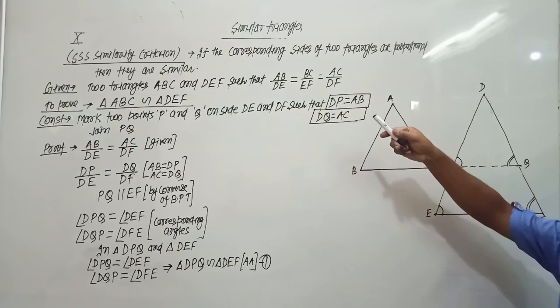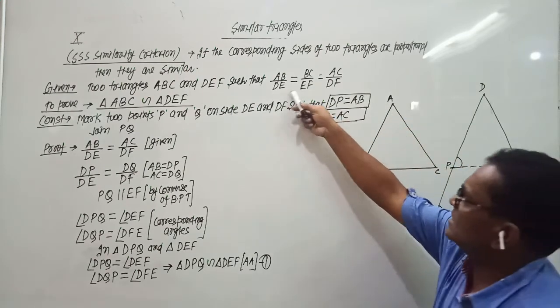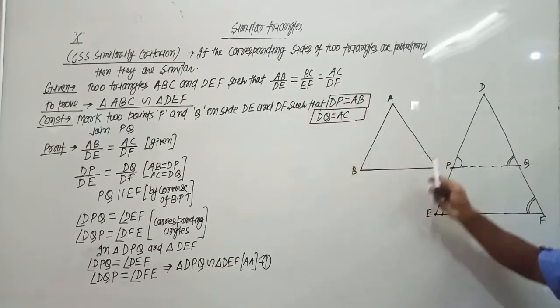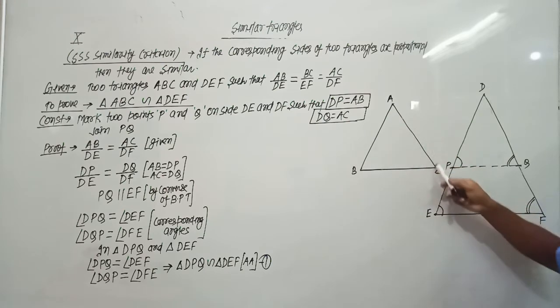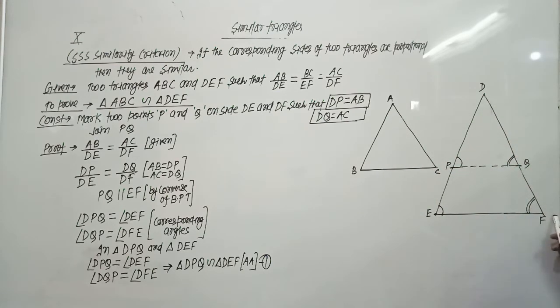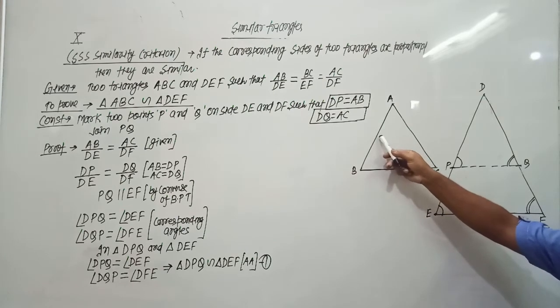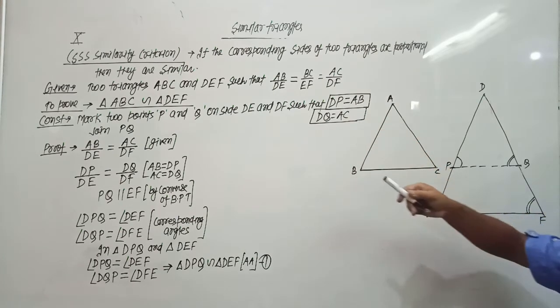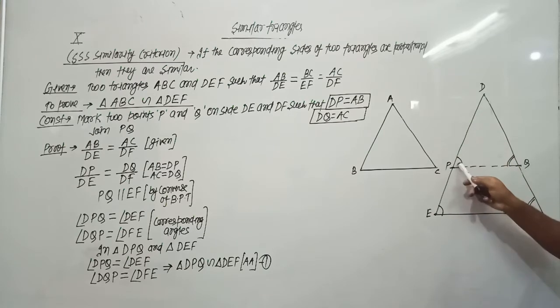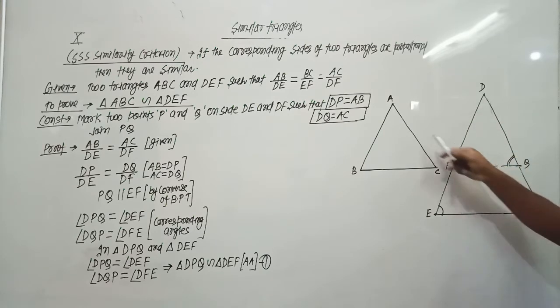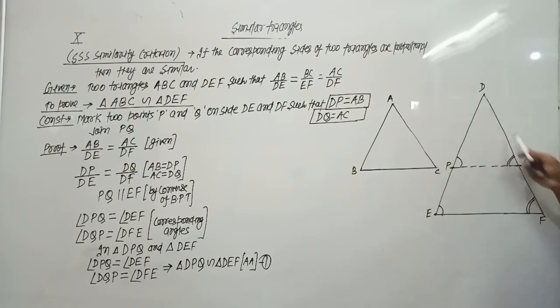So from the given condition, AB upon DE equals AC upon DF. And now in place of AB, we have written DP, so it becomes DP upon DE. And in place of AC, we have written DQ.